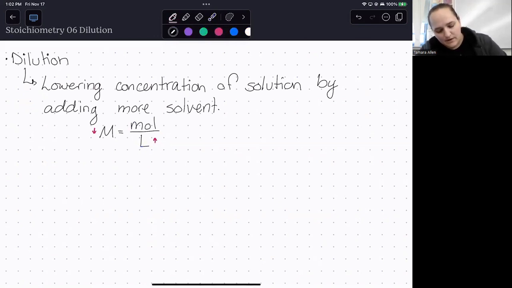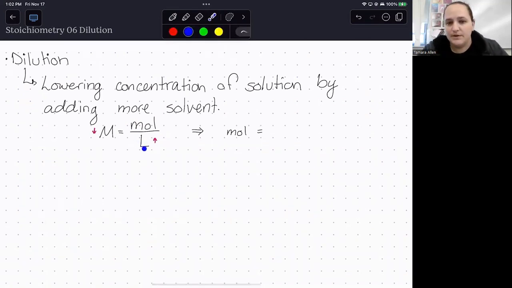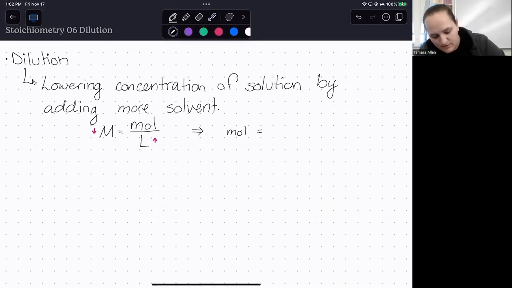What is also going to be true is if we are not changing the number of moles, if we multiply both sides by the volume in liters, that will cancel this out, and we will have the molarity times the volume over here.